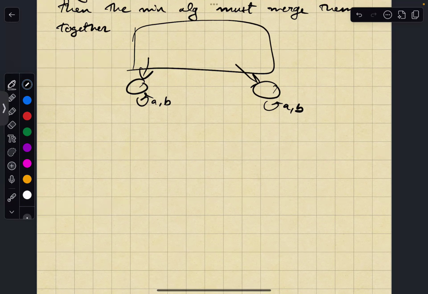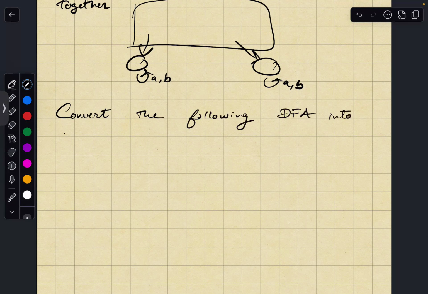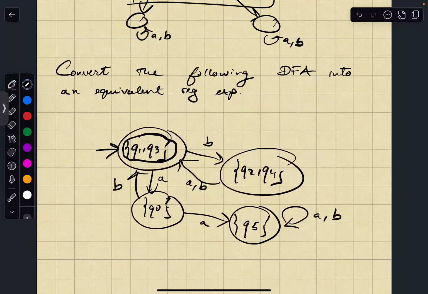So let's look at an exercise where we try to do this: convert the following DFA into an equivalent regular expression. In this case, the DFA is just going to be the minimized DFA that we had. But there are some other exercises in the problem set where you can practice some more.